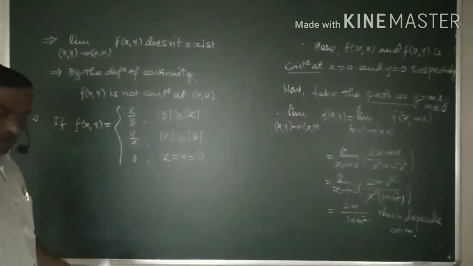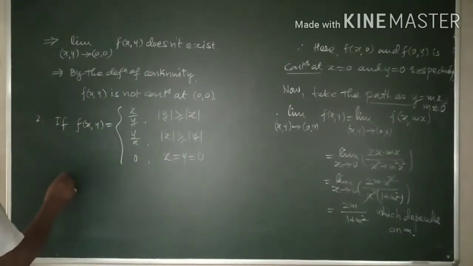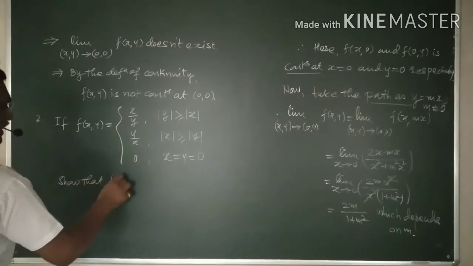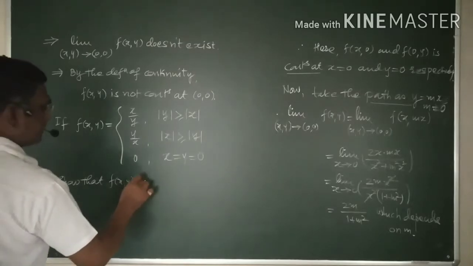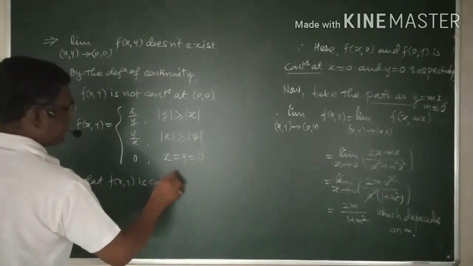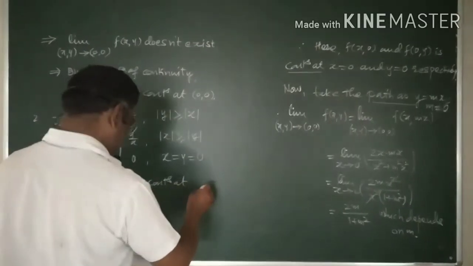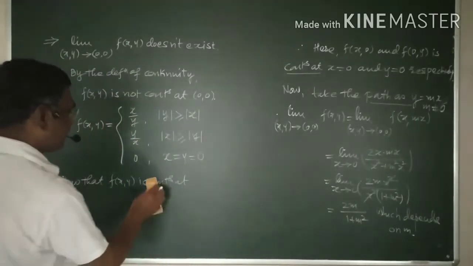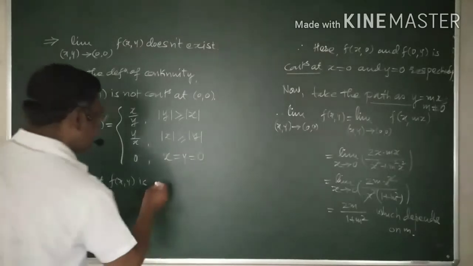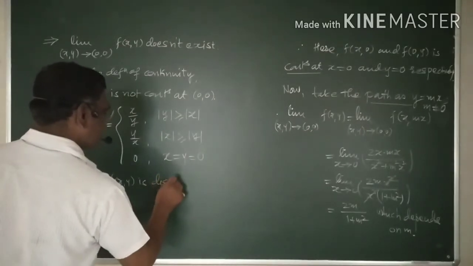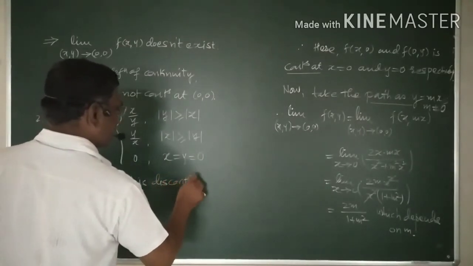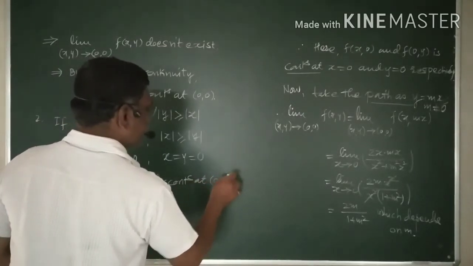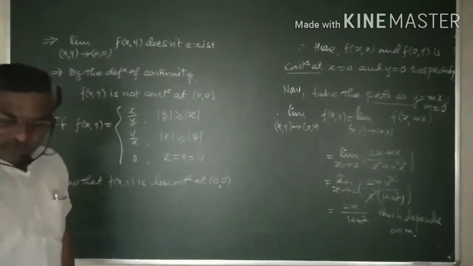Now what we need to show here is that f of (x, y) is discontinuous at (0, 0). How will you show this?